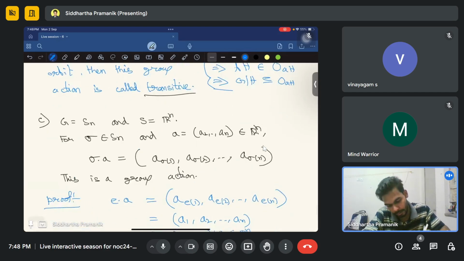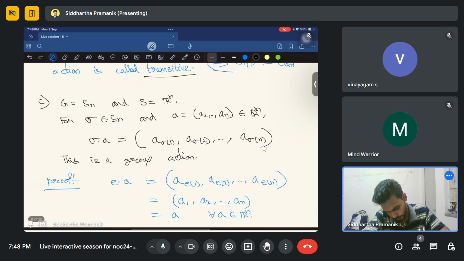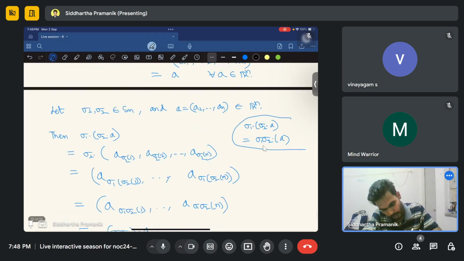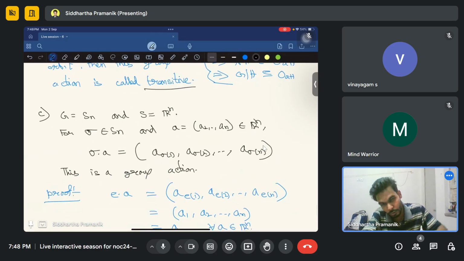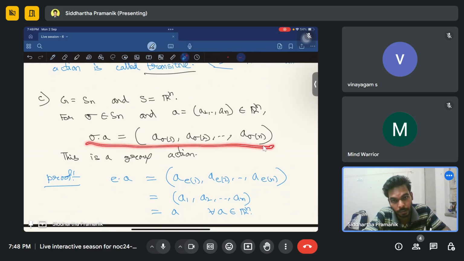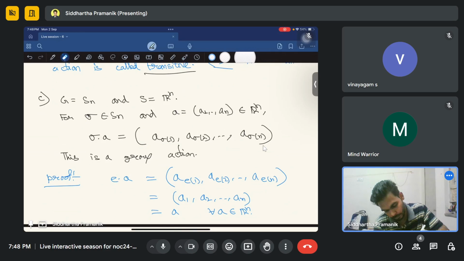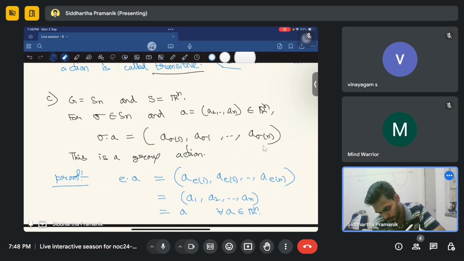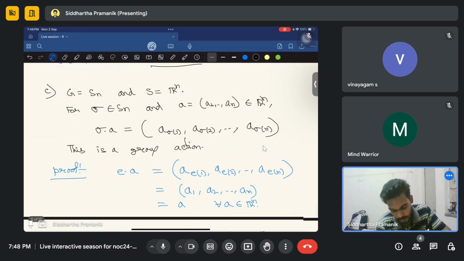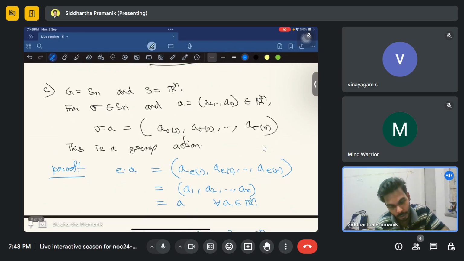So the interesting part is what are the orbits. Now let's check the orbits for some elements. So I hope you have understood the group action. Do you have any doubt in this mapping? Okay, so if you have no doubts, then let's try to see how the orbits look like.